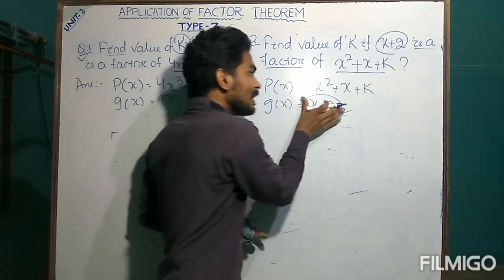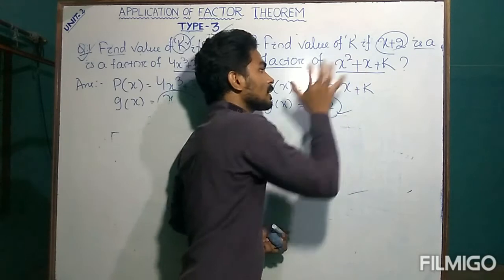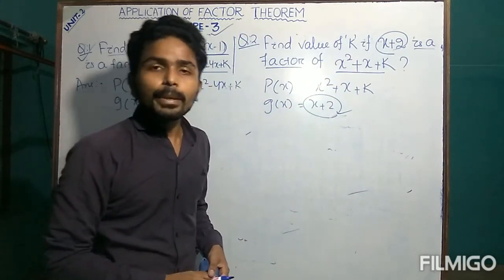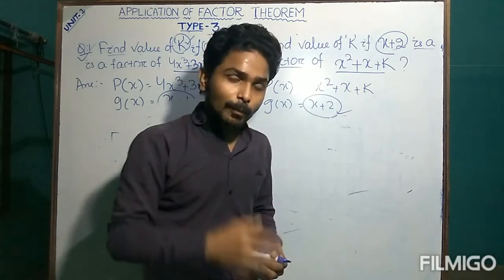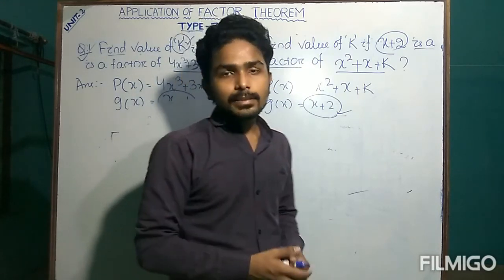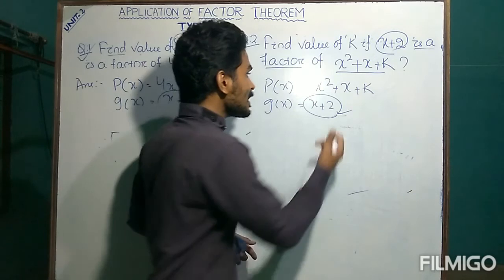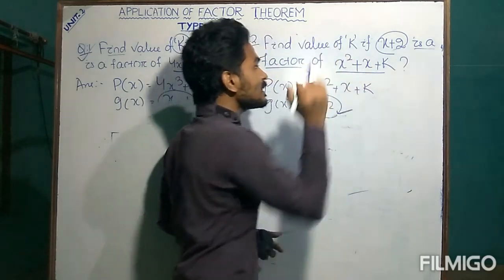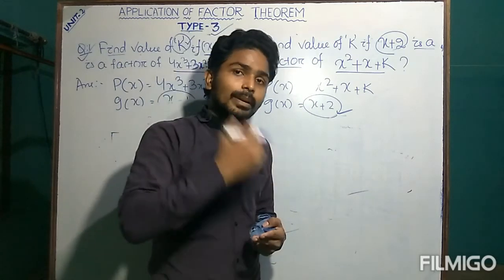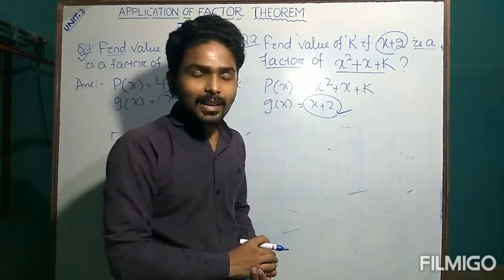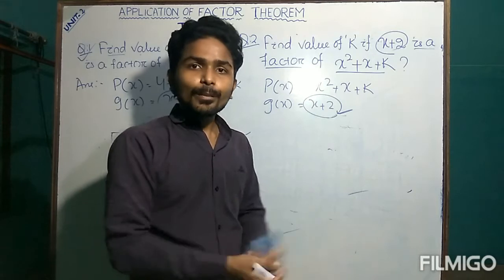That means this polynomial is a factor of total polynomial p of x. And we know if some polynomial is a factor of other polynomial, then it completely divides the other polynomial. That means x plus 2 completely divides x square plus x plus k.